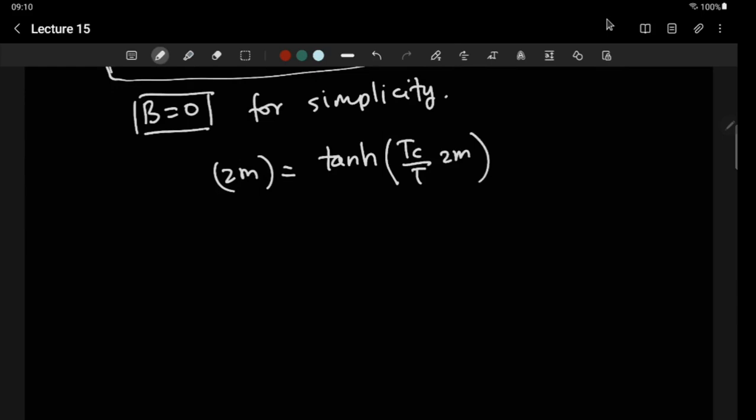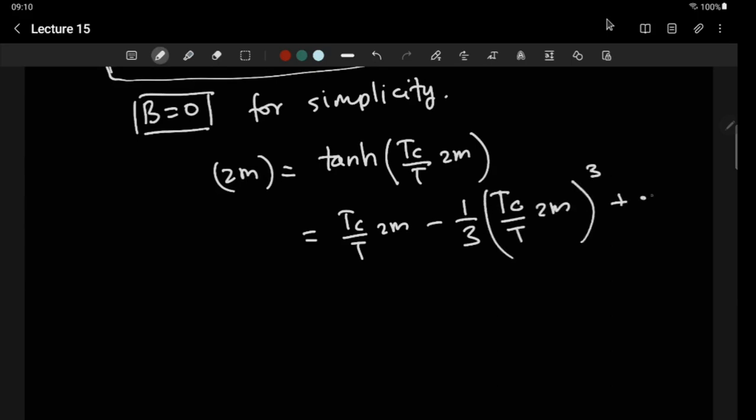So when we wanted to get some explicit solutions, at least we can expand this. Let us just truncate to third order.